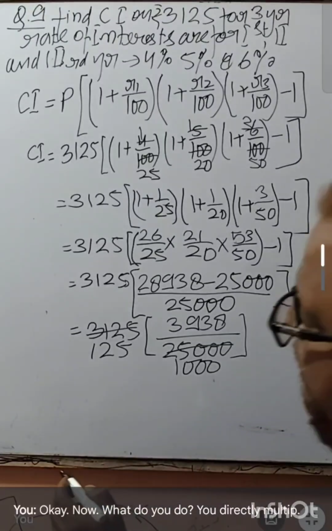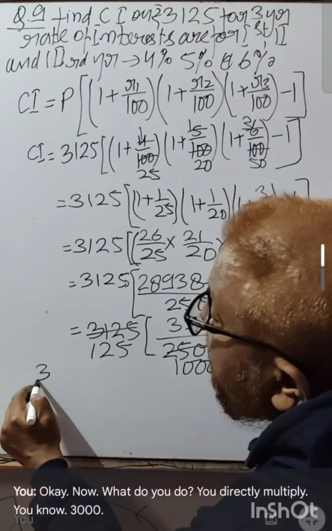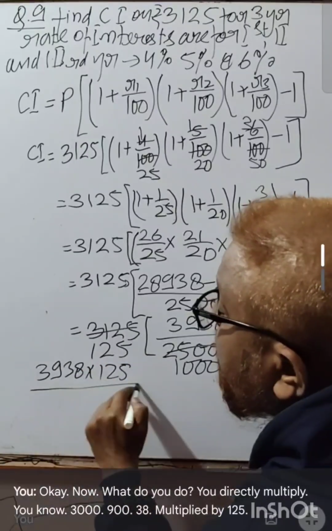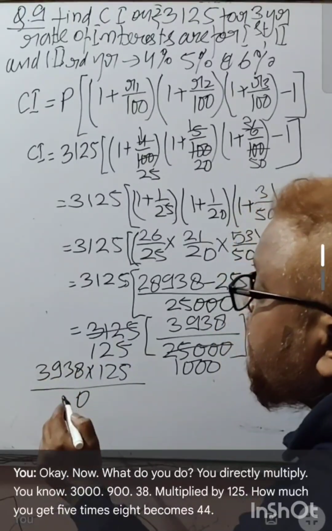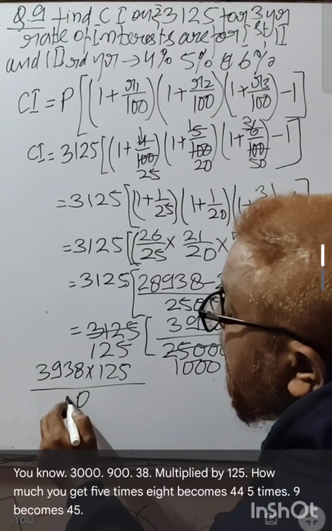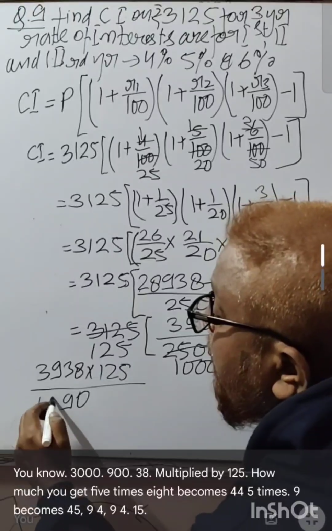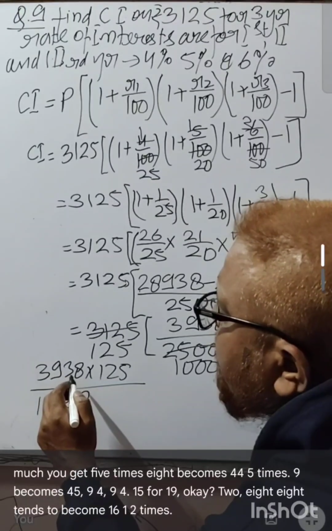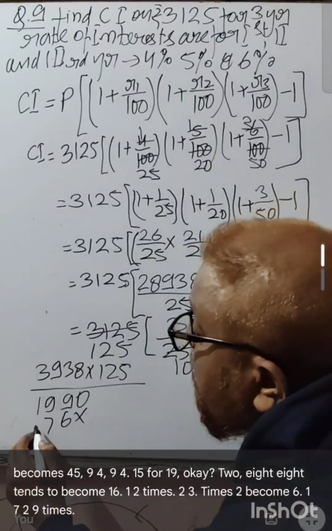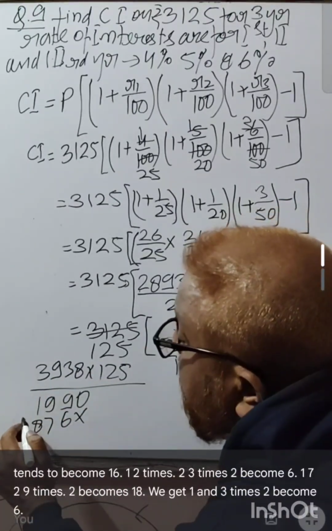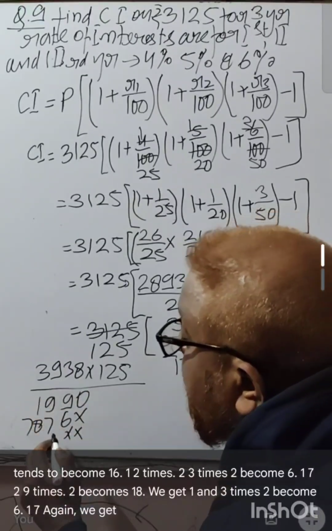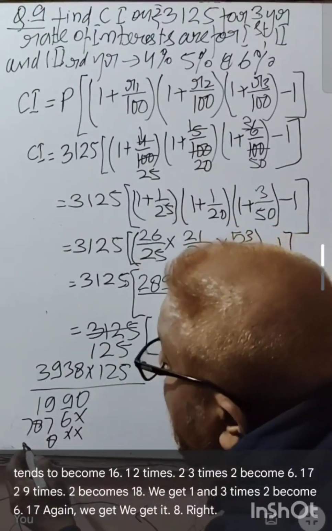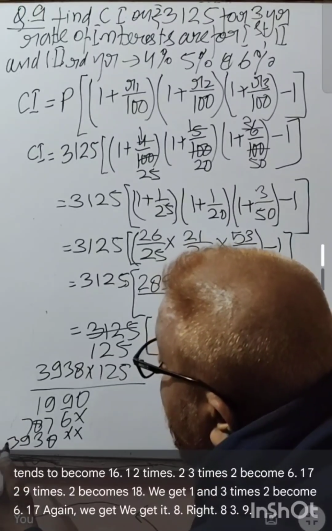Now you directly multiply 3,938 by 125. How much do you get? 5 times 8 becomes 40, 5 times 9 becomes 45, and so on.